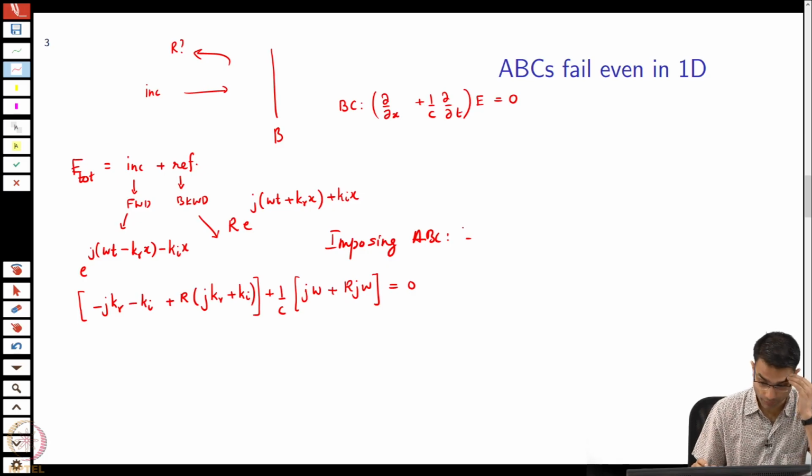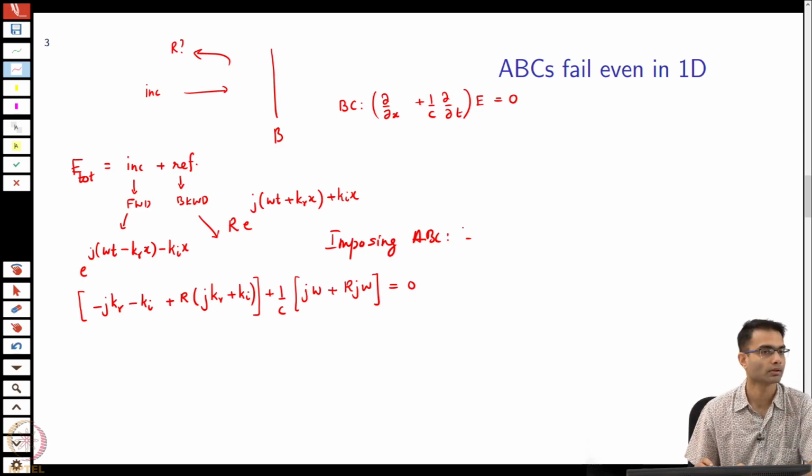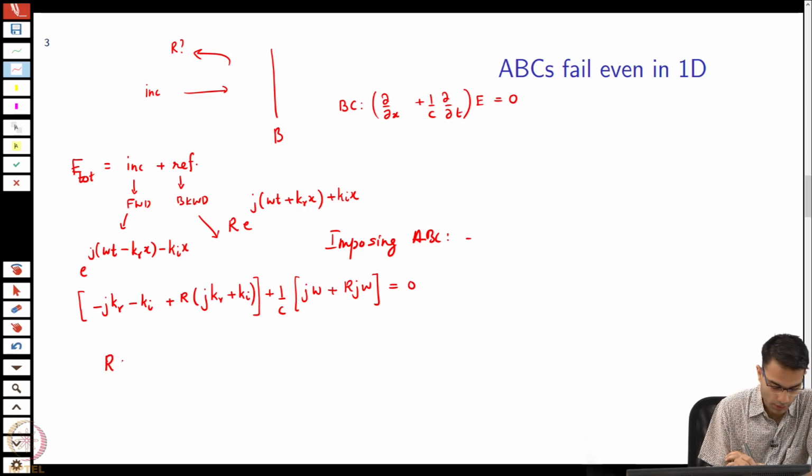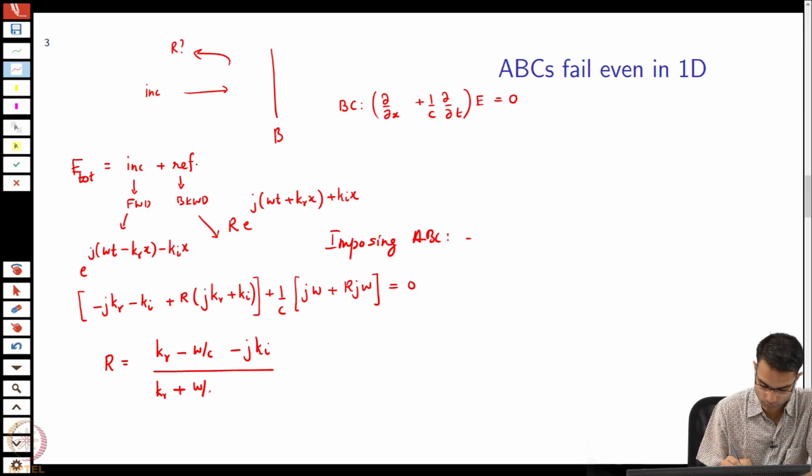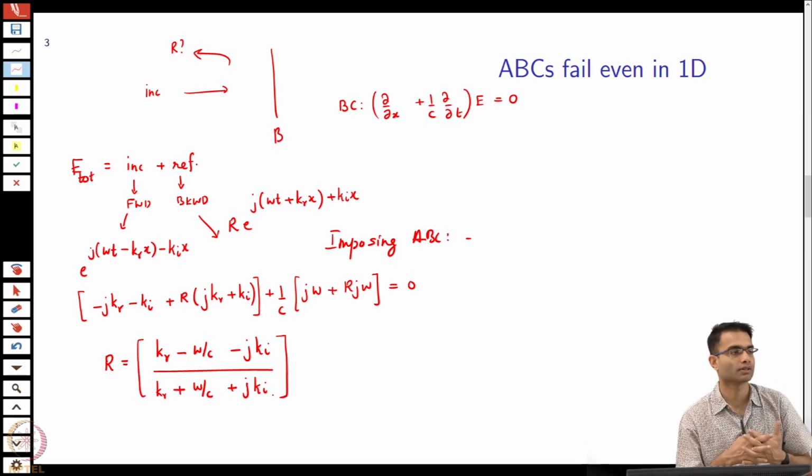So, from this all what we can do is gather all the r's on one side and write an expression. So, what I get is kr minus omega by c, this is the reflection coefficient.